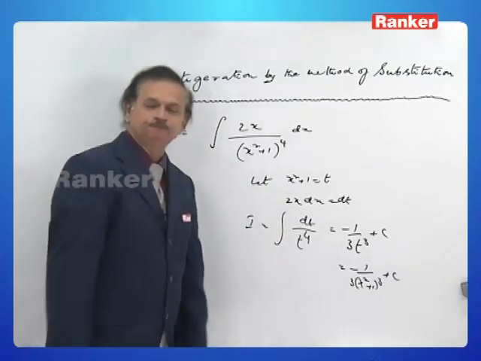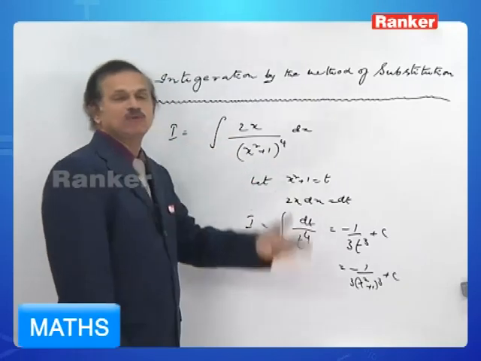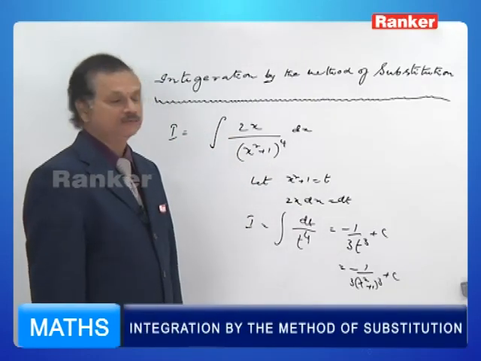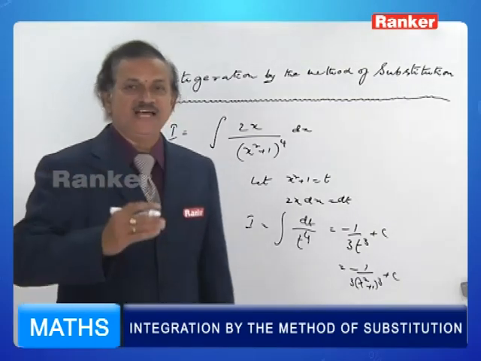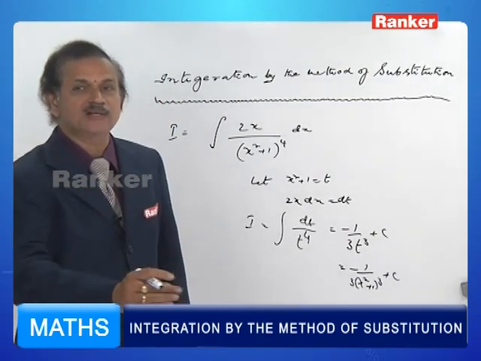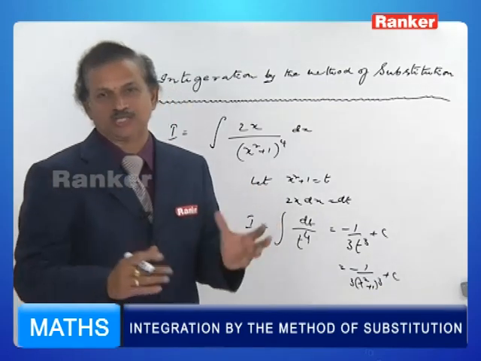This is the matter. We could have substituted t for x square plus 1. The thing that must be noticed is, when can you substitute a particular thing as t? What are all the necessary conditions there which are suitable?